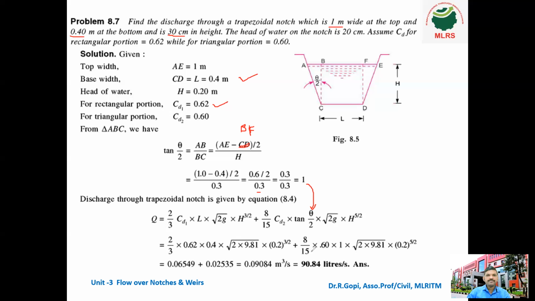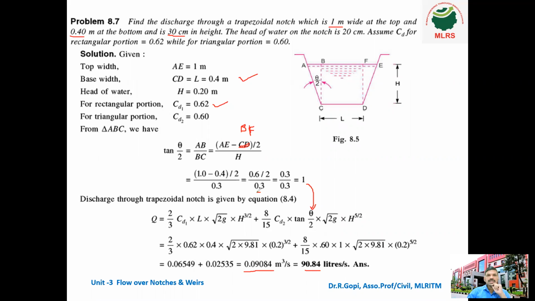Plus 8 by 15 into CD2, which is 0.6, into tan theta by 2, which is 1, into root 2g, 9.81, into 0.2 to the power 5 by 2. Substituting all the values, we get the final answer: 0.09084 cubic meter per second, which is equal to 19.84 liters per second.